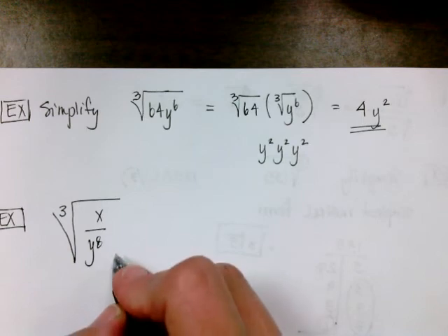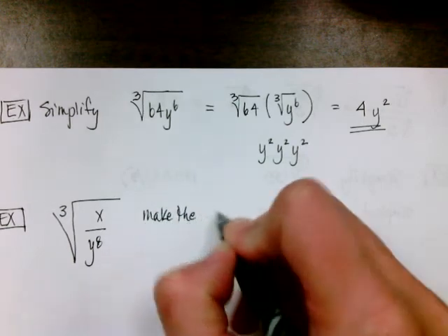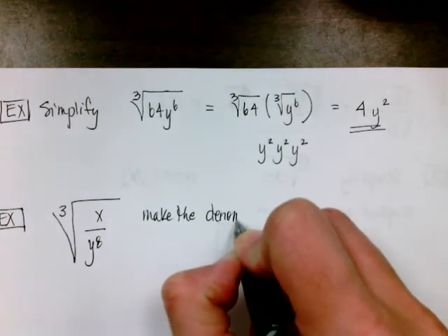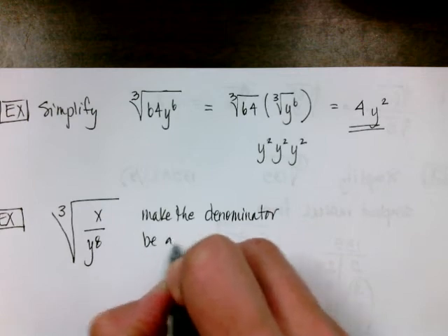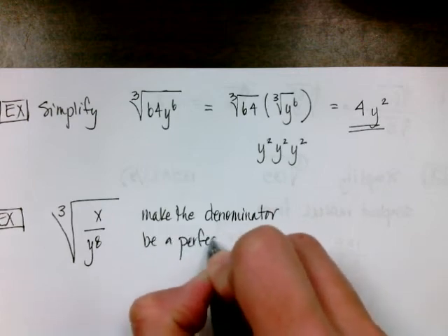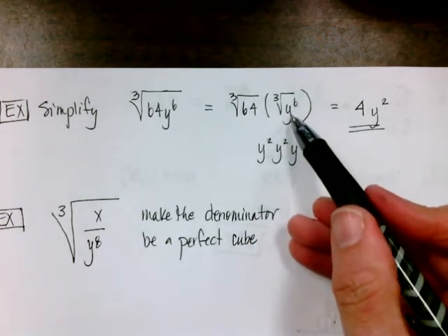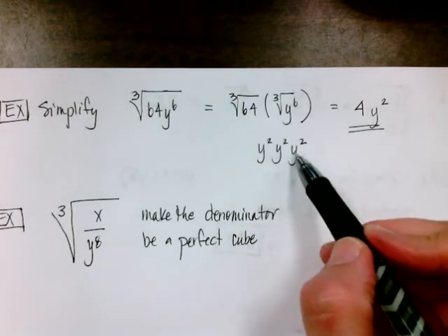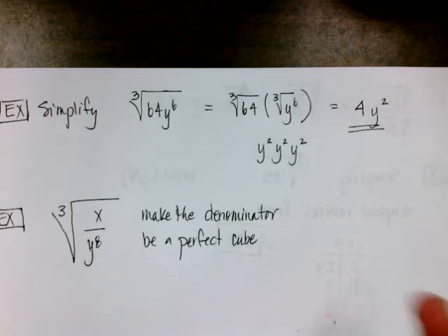So this time I'm going to make my denominator be a perfect cube. Just like y to the 6th was a perfect cube by doing y squared, and y squared, I'm going to make y to the 8th become a perfect cube.